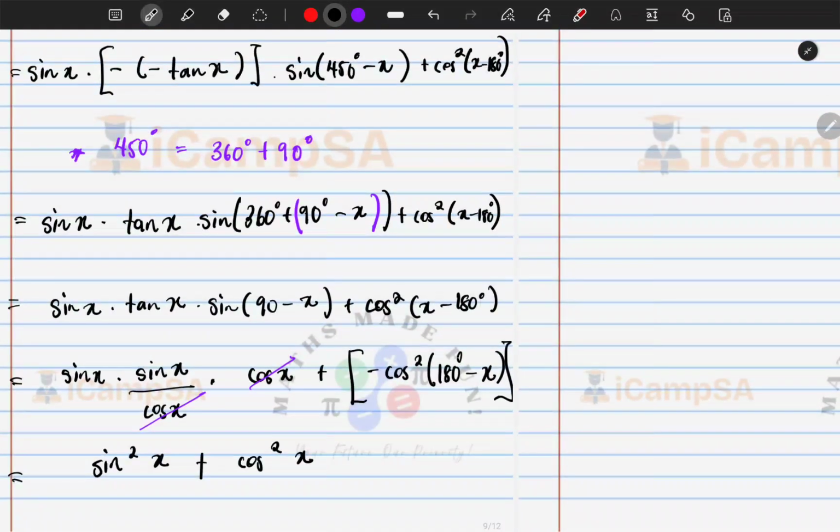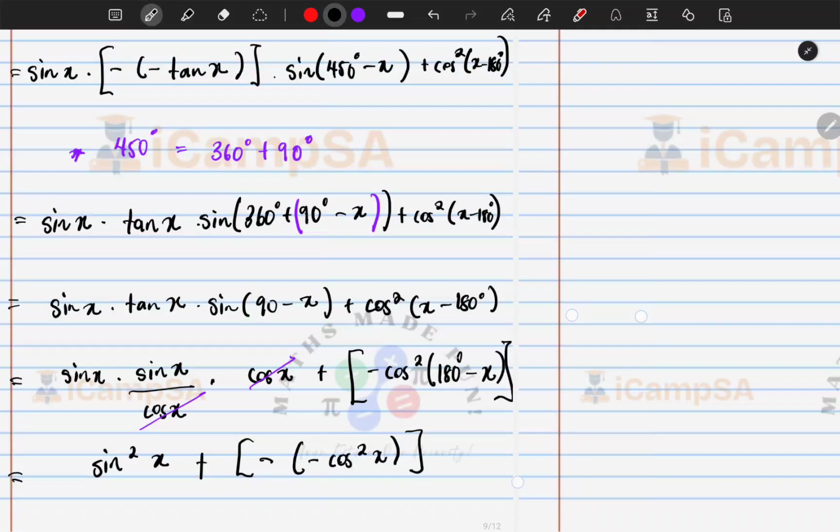But for simplicity purposes, we are just going to say plus, right, minus into minus, your cos squared x.